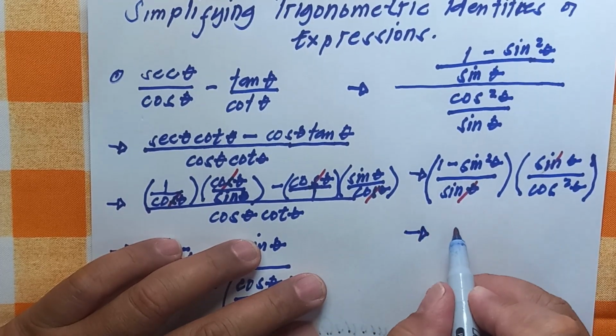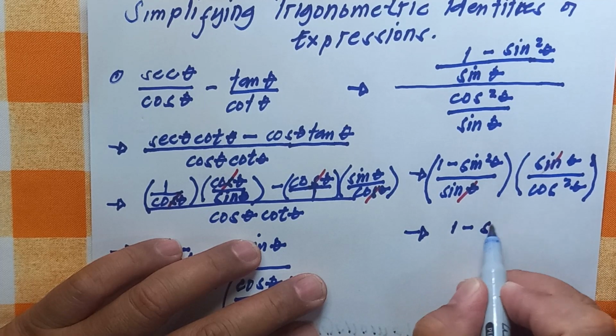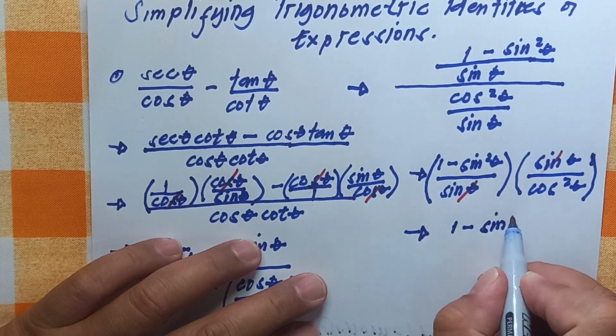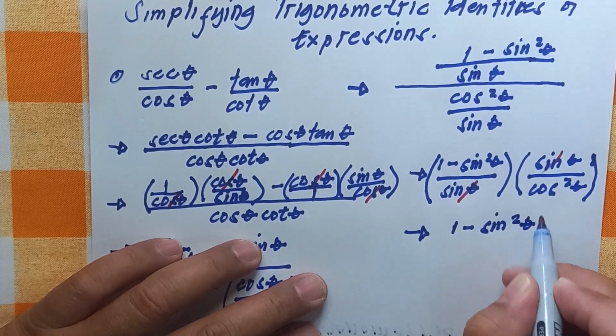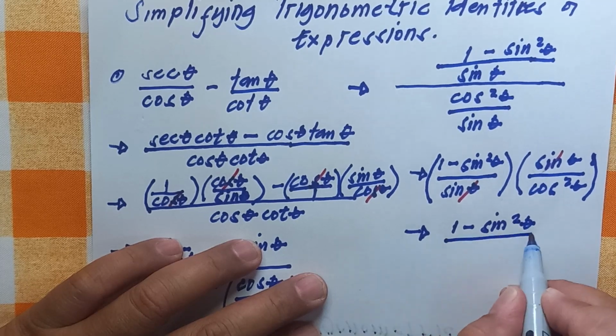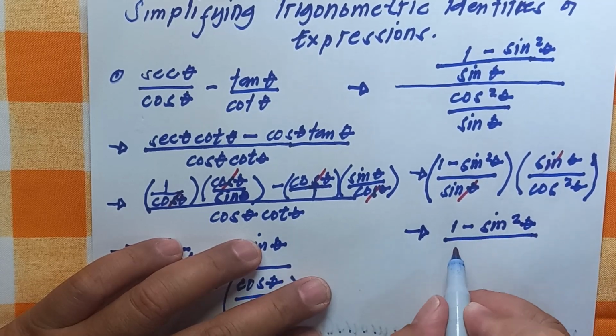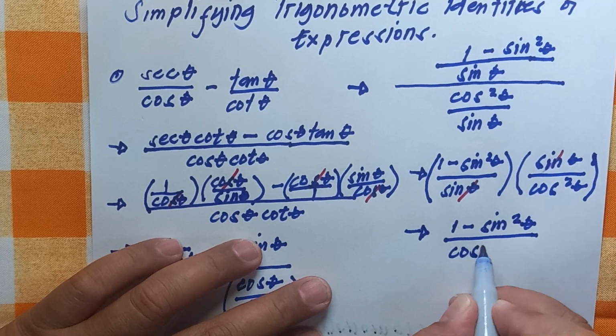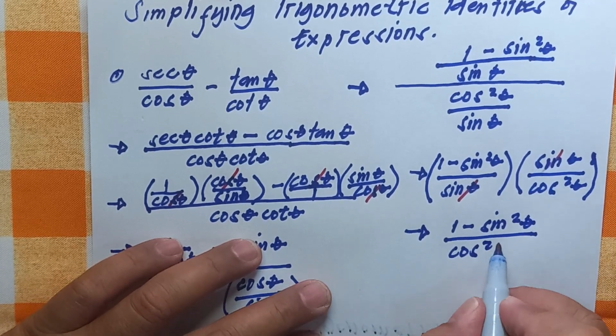is this one, 1 minus sine squared theta over cosine squared theta.